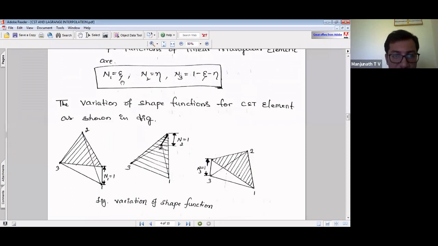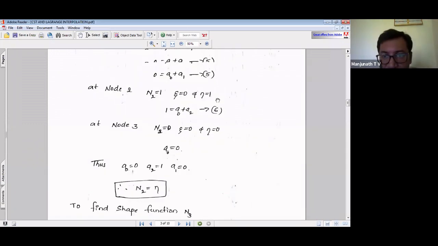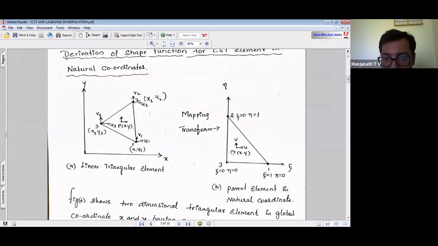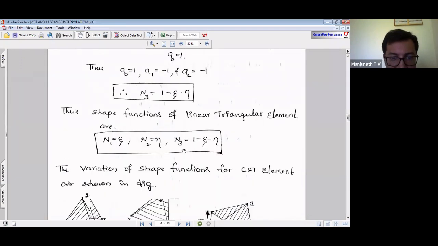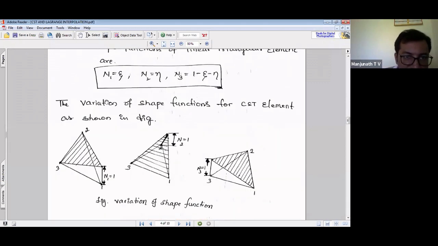Now we have got shape functions n1, n2, n3. How do they vary? That shape variation we need to show. Just consider a point P at any distance in different locations, and we can see how the shape varies. First consider the shape function n1.